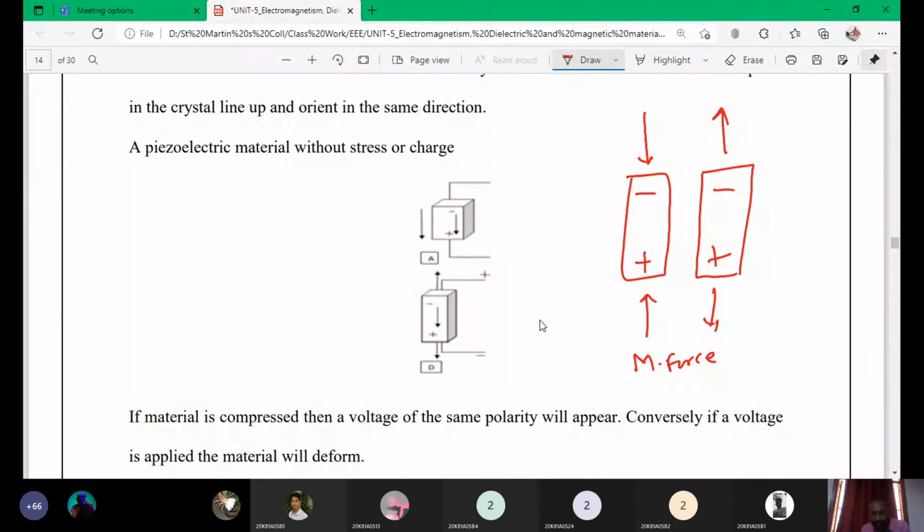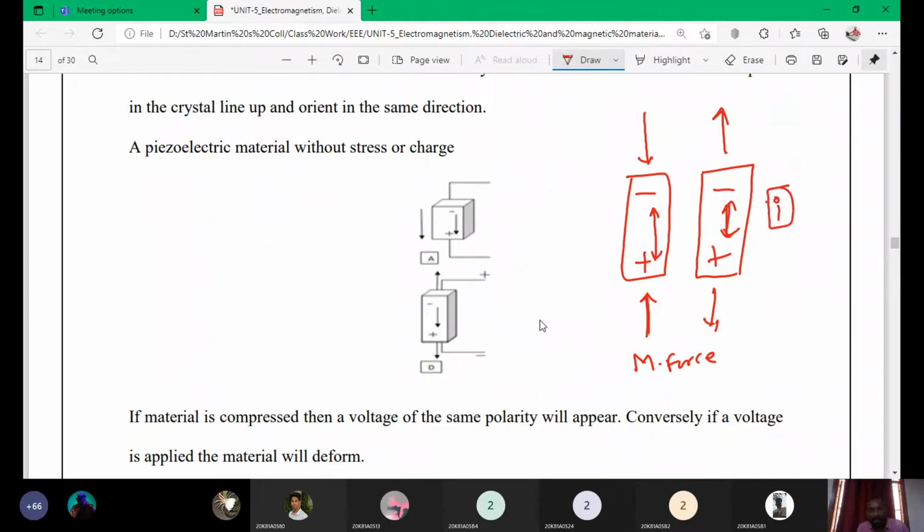Because of this stress and strain, these charges are moving. How are we getting an electric current or electric field? When you apply some mechanical stress, these charges are moving within the atom. When you expand also, these charges are moving within the atom. Because of this movement of charges, some current is produced in the material.